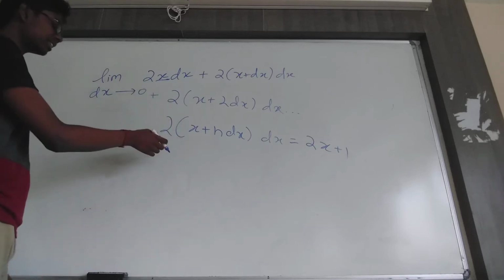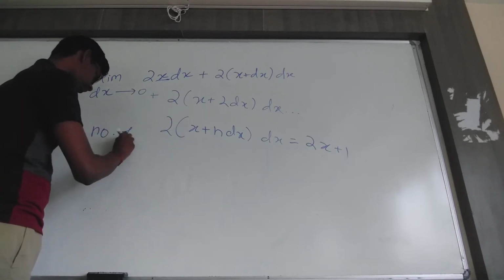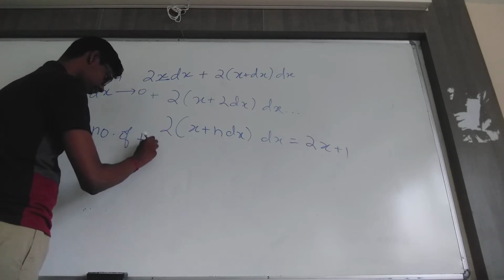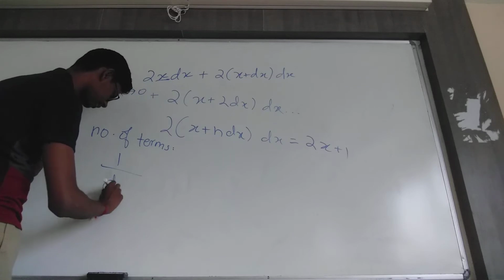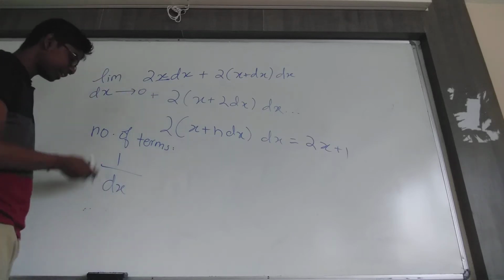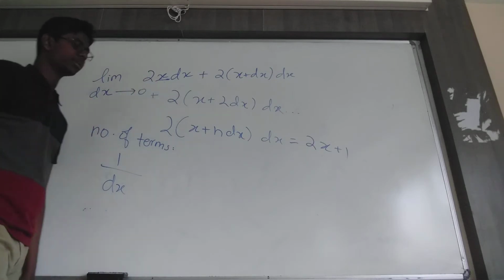And how many terms are there here? The number of terms is 1 by dx. So as 1 by dx approaches infinity and dx approaches 0, this equality will hold.